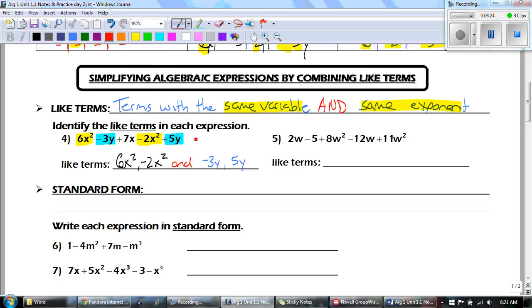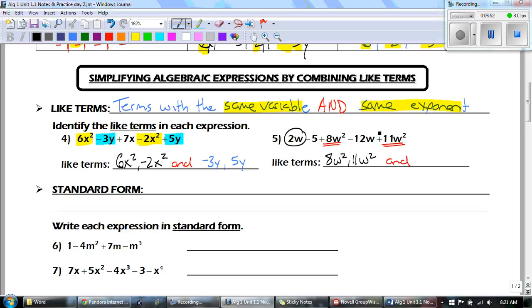If you don't have a highlighter like me, there are other ways you can show that they're like terms. For 5, the first thing I see is my 8w squared and my 11w squared. You can mark them by underlining. What's our other set?